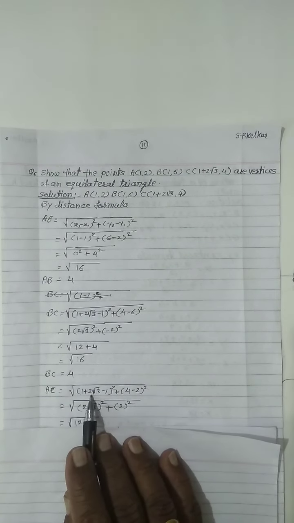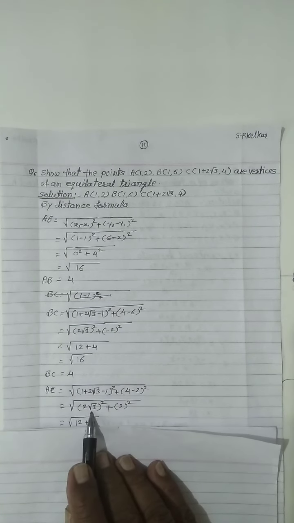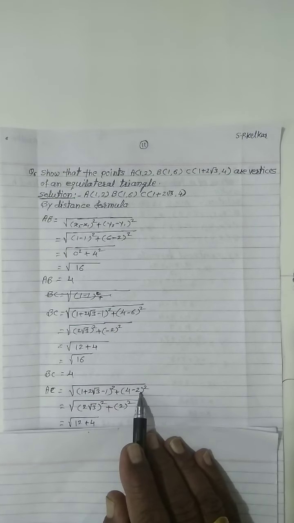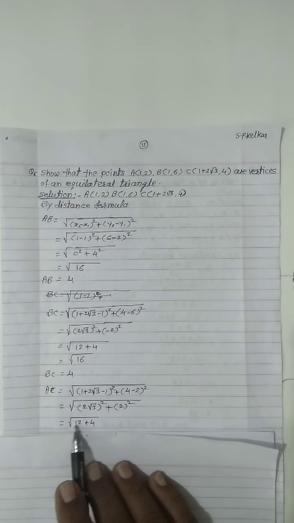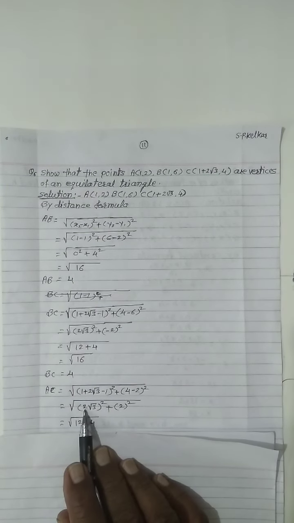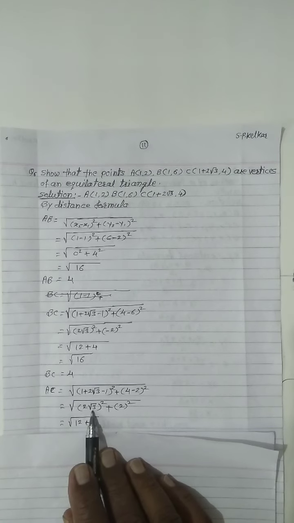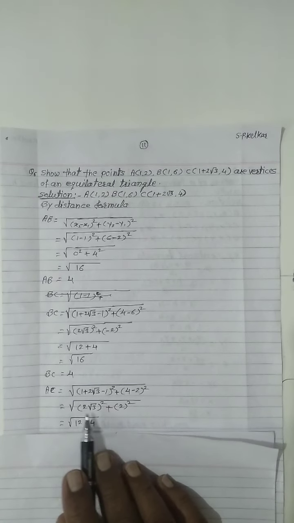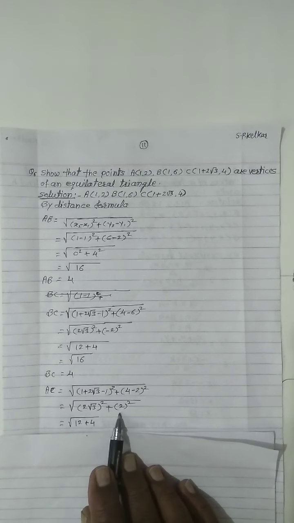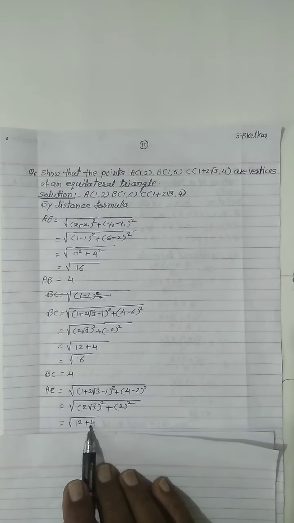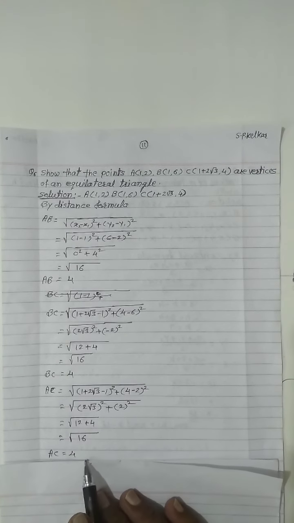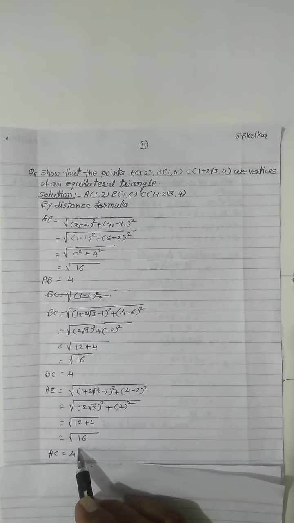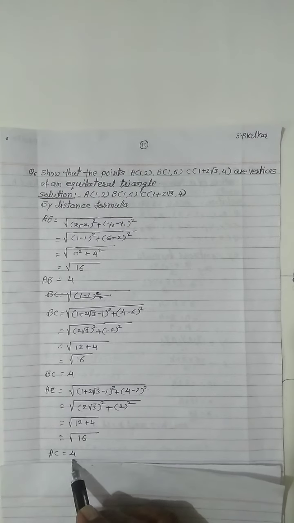Then write (2 under root 3) square plus 4 minus 2 is 2, (2) square. Then the square of this is 12, 2 square is 4 and under root 3 squared is 3. 4 into 3 is 12. 2 square is 4. So 12 plus 4 we get 16, under root 16. The square root of 16 is again 4.